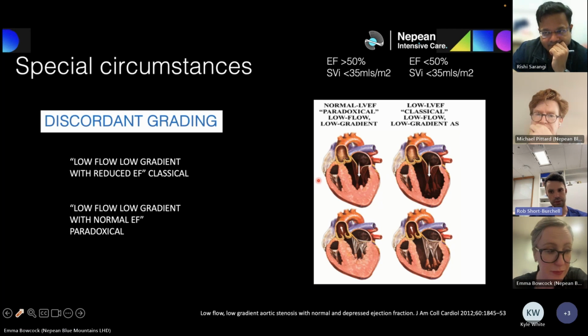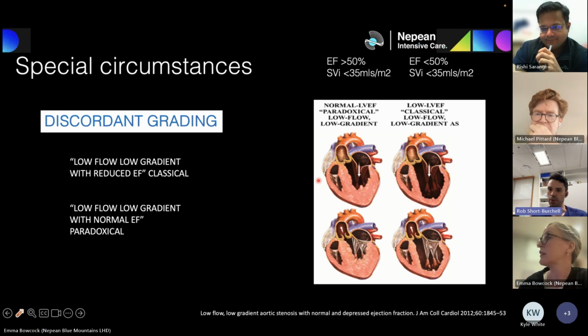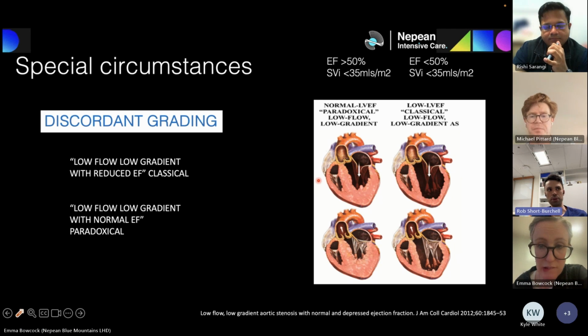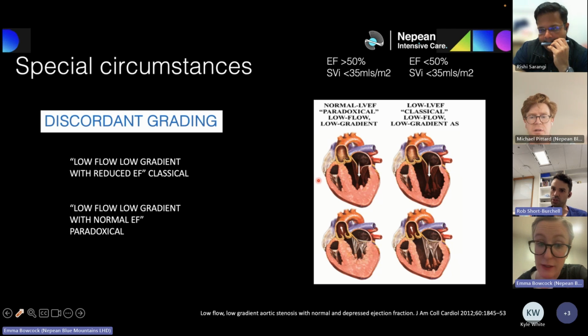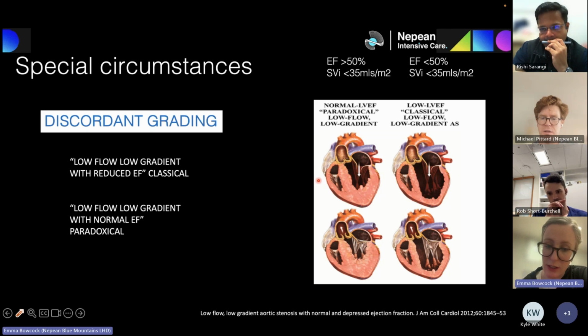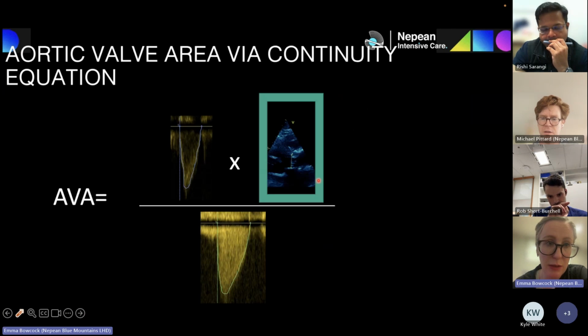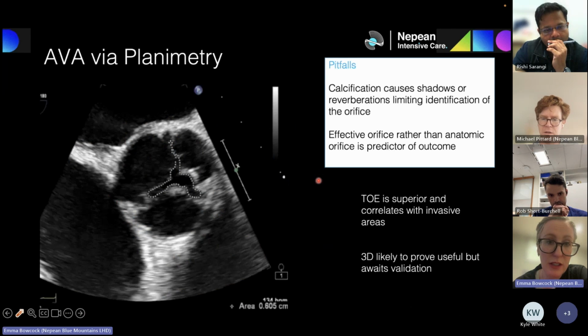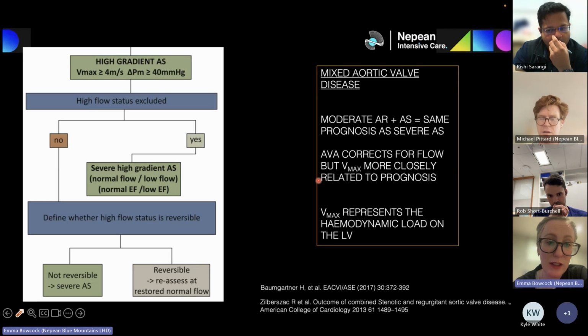Sorry, Emma, I have a question. Can you use the DSI to help quantify in both high and low flow states? Yes, really good question. Sorry, I probably confused things a little bit with this slide, but essentially your DSI and your AVA, but DSI is often easier because of the problems with LVOT diameter. It will more or less correct for flow states.